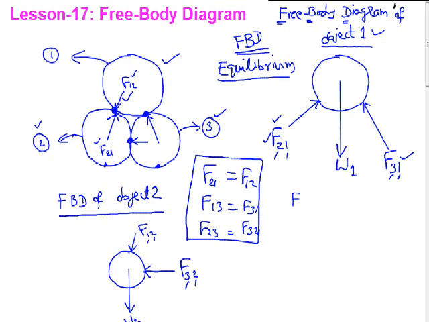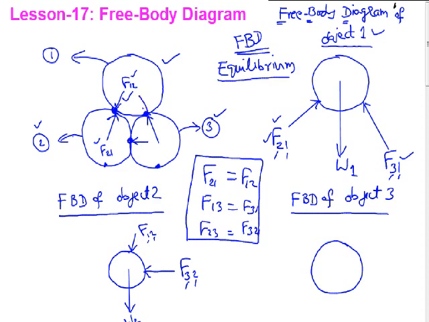For completeness, let us try to draw the free body diagram of object 3. You will draw object 3 and note down what are all the forces that are acting on object 3.